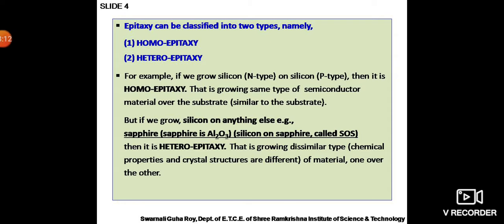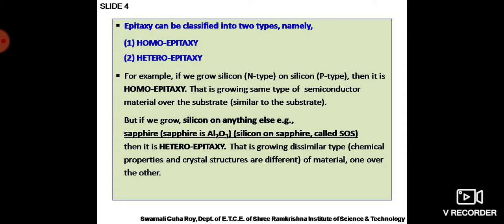You must know that epitaxy can be classified into two types, namely homoepitaxy, and the second one is heteroepitaxy. For example, for the present circuit we have considered, we have taken p-type silicon as the substrate.